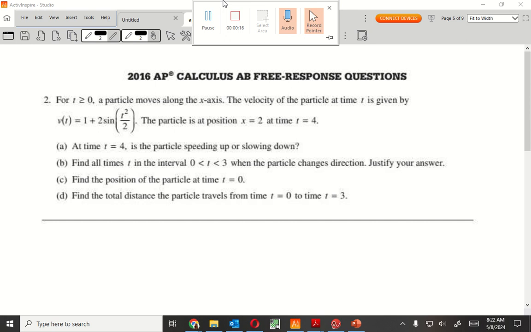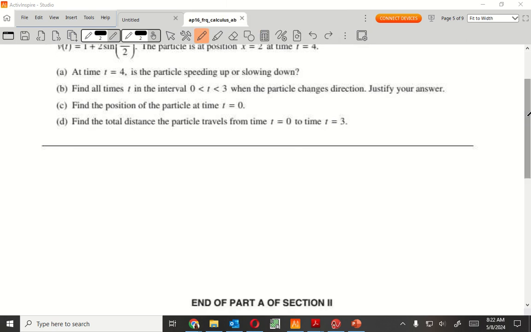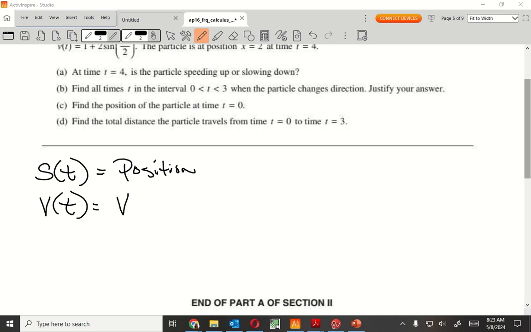So we're going to go over this, but the first couple things I'm going to talk about is just the basis for this question. Right now it's giving me a velocity. So in the hierarchy, I'm going to start with S of t, which is my position. V of t is my velocity.